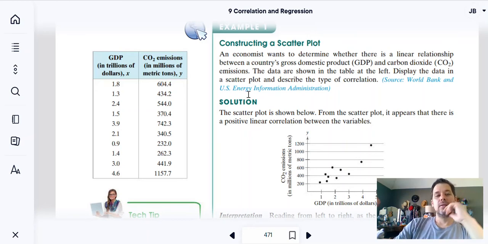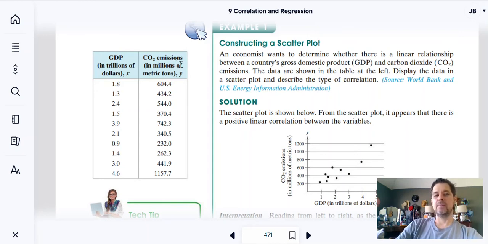So in other words, here's some data that tracks the GDP of a country and the carbon dioxide emissions of that country, all right? It's probably yearly, okay? Gross domestic product is a yearly number, a measure of the size of an economy. And CO2 emissions, you should know what that is nowadays.